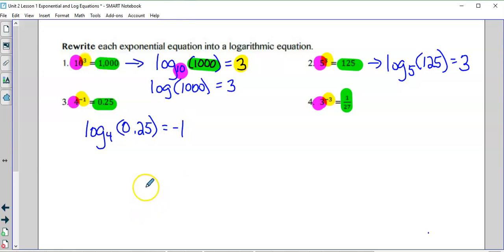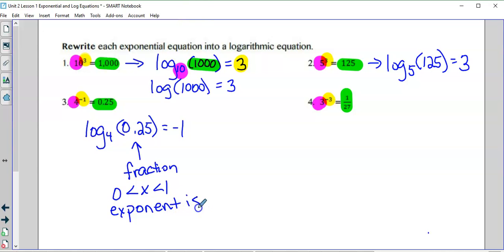If this is a fraction, in other words, if it's between 0 and 1, your exponent is negative.